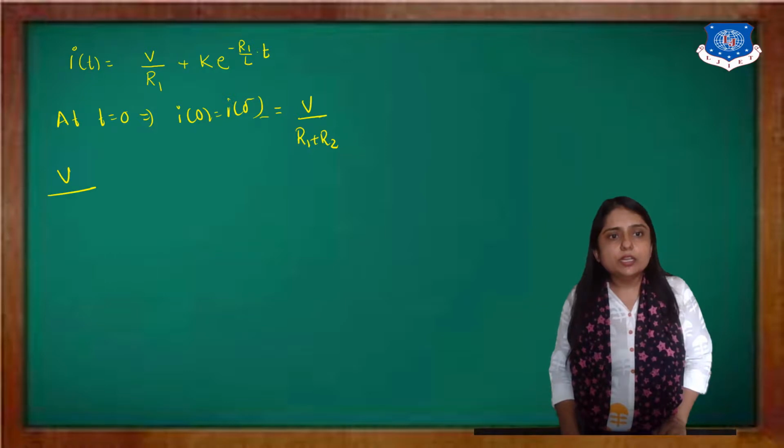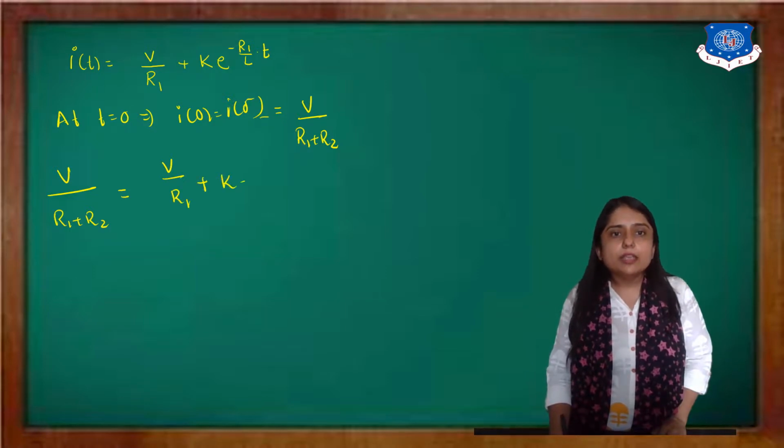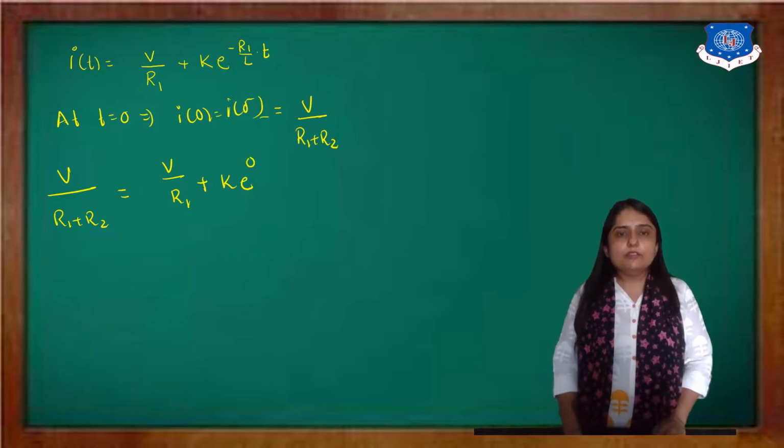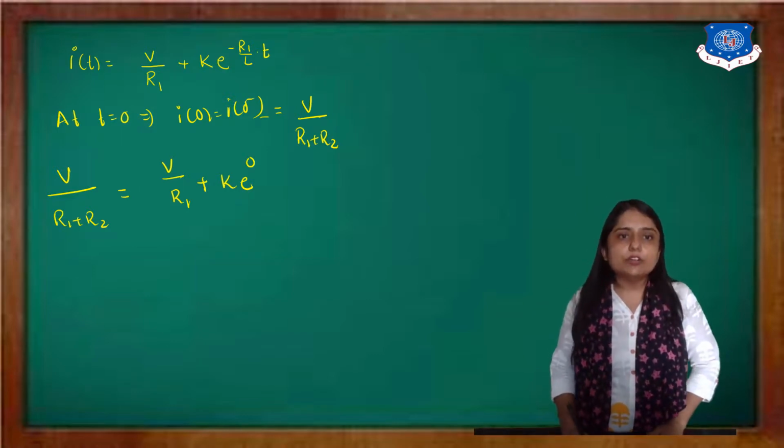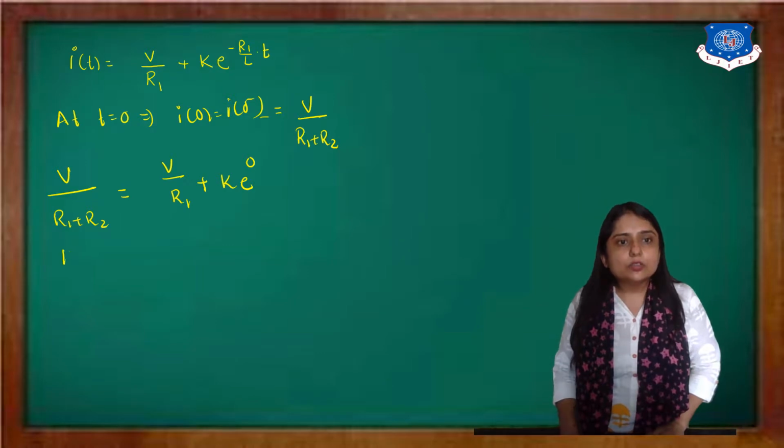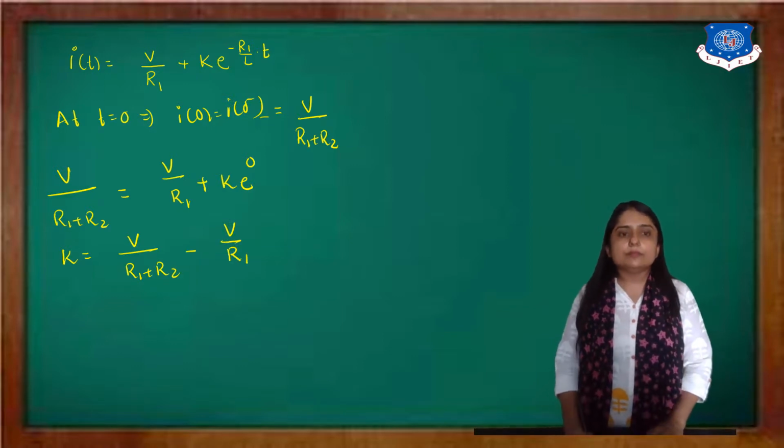So here V divided by R1 plus R2 equals V by R1 plus K. In place of t, you substitute 0. And we know that e raised to 0 equals 1. So the value of K will become V upon R1 plus R2 minus V upon R1.